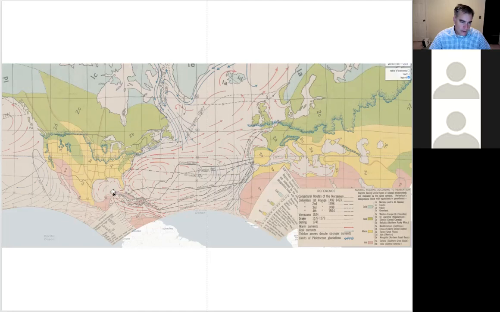It creates sort of a pinch point. Like when you pinch a hose, it increases the pressure, and so that pushes off the Gulf Stream, and it moves on quickly into the Atlantic. So that's just the physical geography.